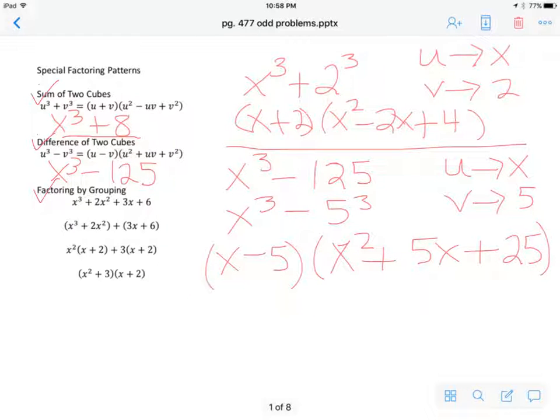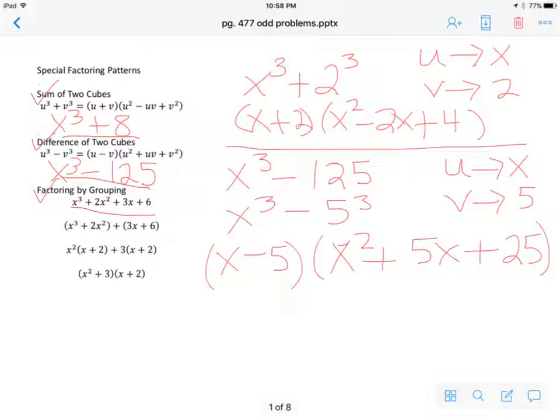That's how you know that it's not a perfect square, it's a perfect cube. Whether it's a plus or minus decides which one: if it's a plus, you go with the sum; if it's a minus, you go with the difference. Factoring by grouping, you choose when you have four terms, and I'll go over that in just a moment.